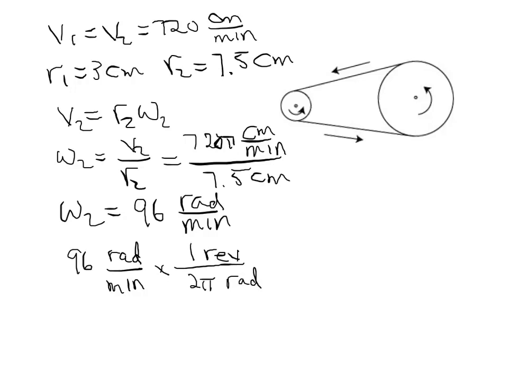And again, now when we do the computations, oops, I left out a pi here. So it's 96 pi radians per minute. And that's important because now in essence the pi's will cancel, and when we do the division we end up with 48 revolutions per minute. And that's our final answer for the angular velocity of the larger pulley.